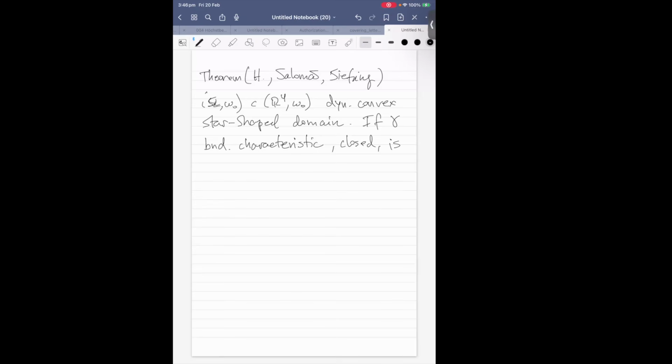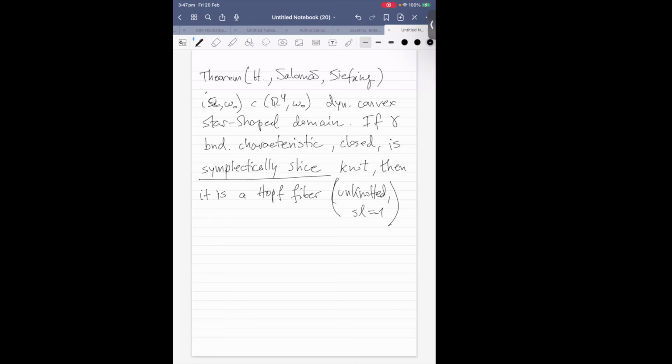If gamma is a symplectically slice knot, then it is a Hopf fiber. So this means unknotted, self-linking -1. Okay.